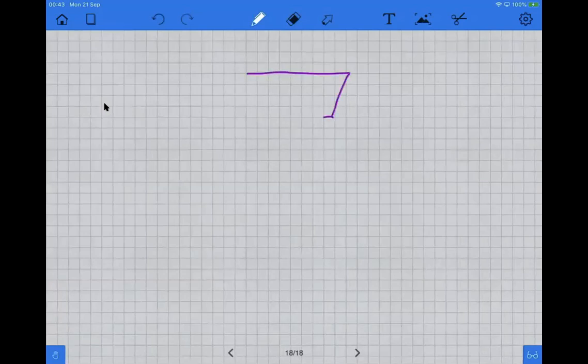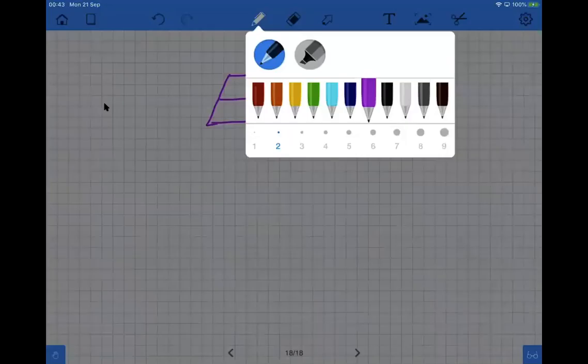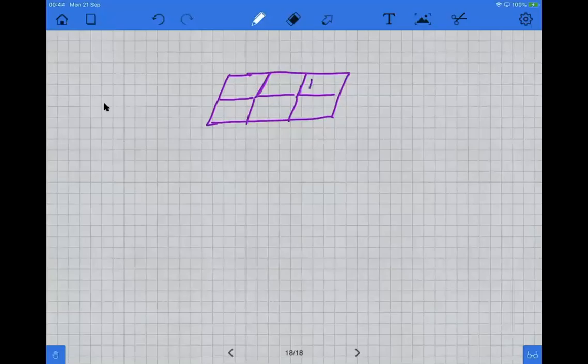For example, if this is a sheet kept in a liquid and this sheet has, let's suppose, 6 equal parts, every part is 1 meter square. Now, if you increase the area of the sheet, the liquid in contact with the sheet will also increase.